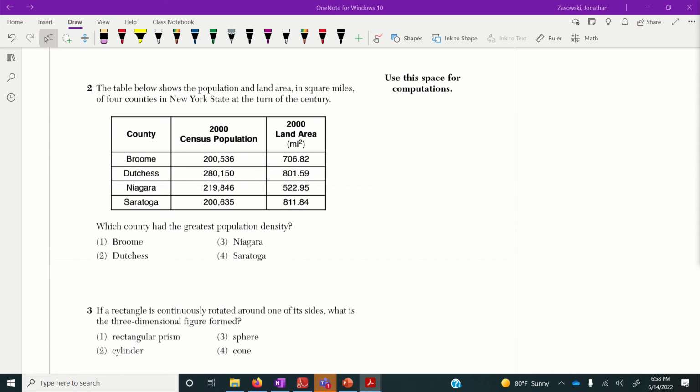All right. So that's going to be choice 3, Niagara, when you divide those out. So population over area for that one. Choice number 3, if a rectangle is continuously rotated around one of its sides, that is going to make ourselves a cylinder.